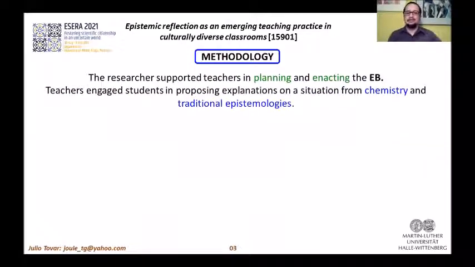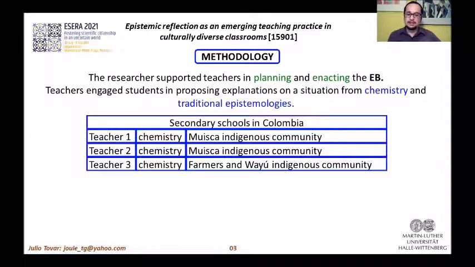The methodology. The researchers supported teachers in planning and enacting the epistemological bridge. Teachers engaged students in proposing explanations on a situation from chemistry and traditional epistemologies. Three different teachers from three different schools in Colombia used the epistemology of chemistry and epistemologies belonging to different Colombian communities to guide students in proposing explanations on different phenomena.